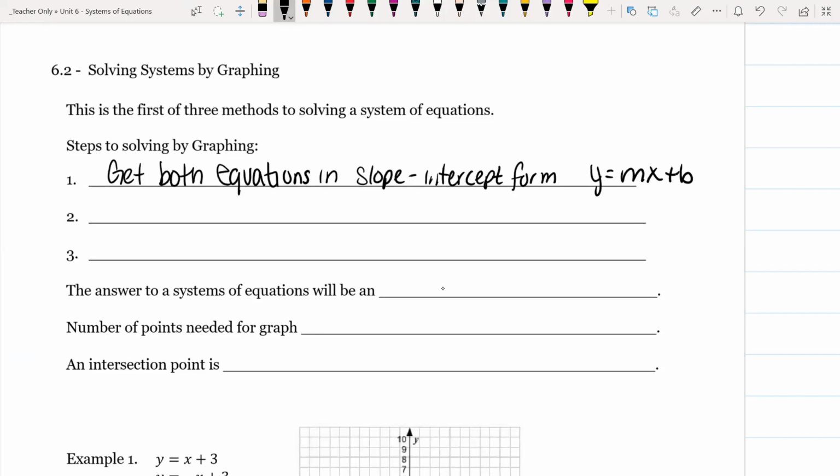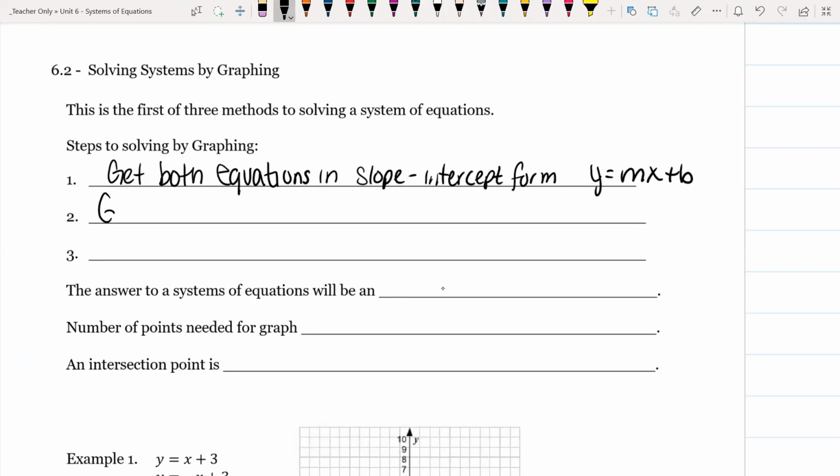So we want y alone. The first couple that we do together is going to be in slope-intercept form, so you won't have to do that. But once we get through a day or two of practice, then they'll start not being in slope-intercept form. So, yeah, you're going to have to make sure that they're both in slope-intercept form.